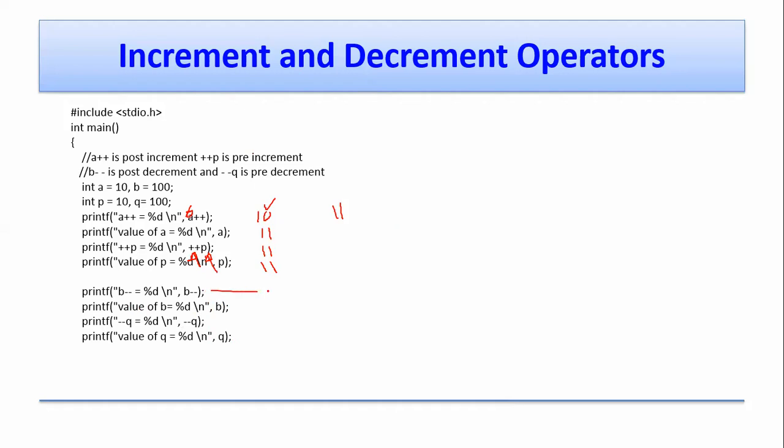Here, the value of B is 100. Then what should be the answer? 99. Here, what is the answer? 99. So this is 99. Yes. This one?